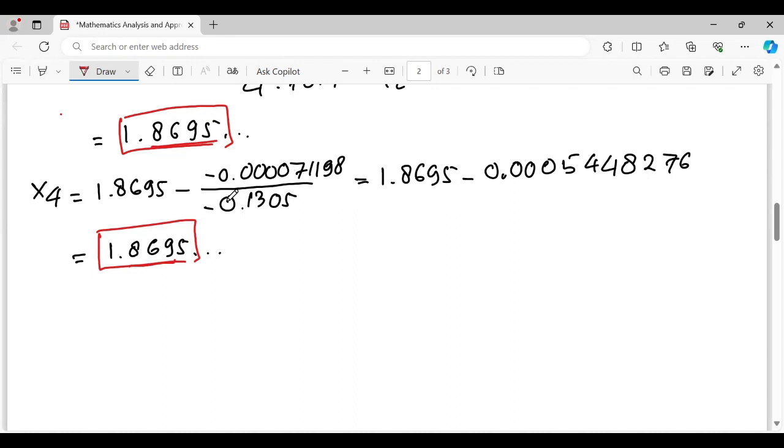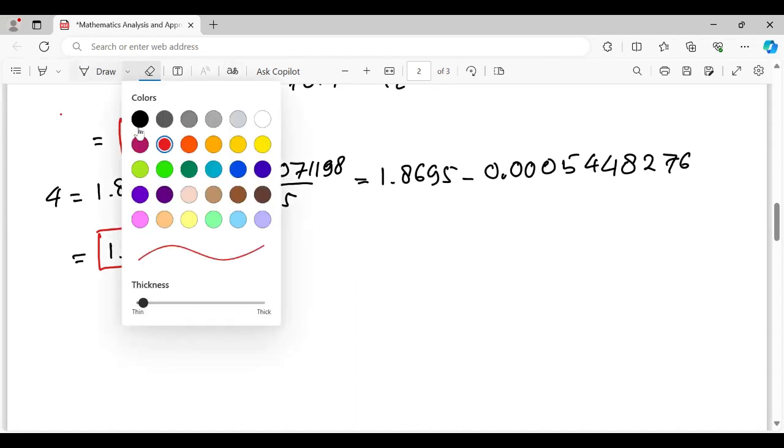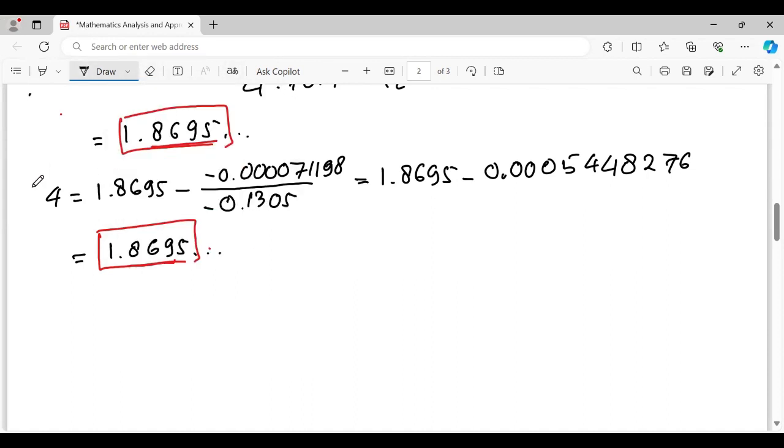So the solution is this number. I mean not x, but k. This is k4. Sorry, not x, I mean k.